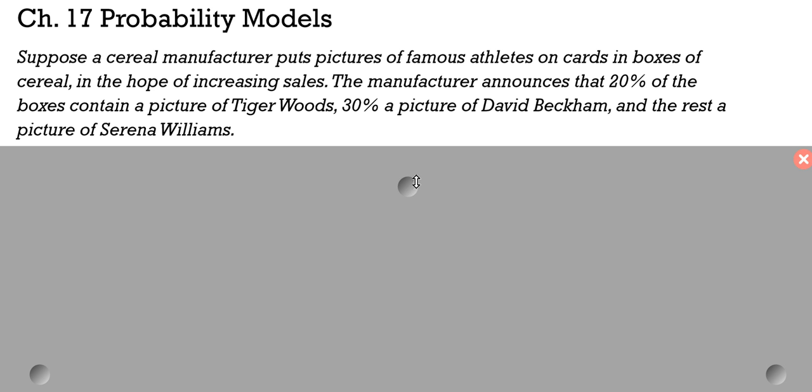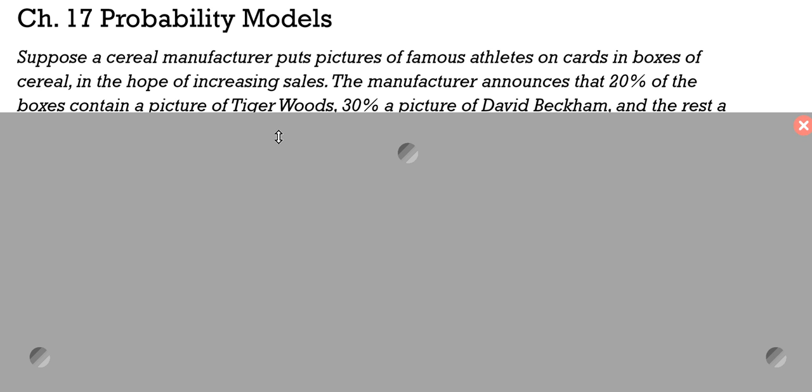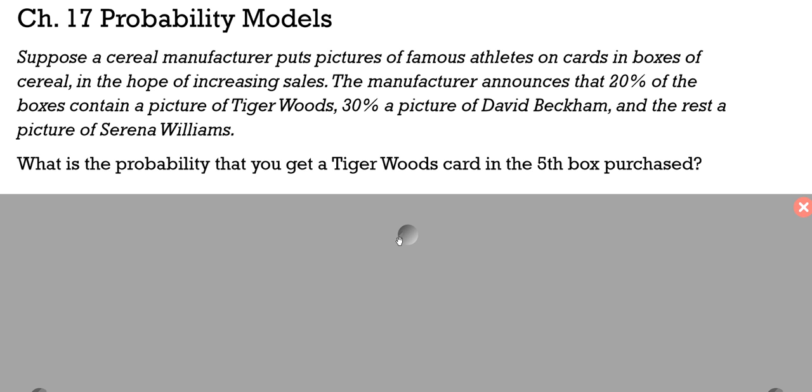The types of questions we're going to be answering look like this: what's the probability that you get a Tiger Woods card on the 5th box purchased? Well, based on what we already know, we've already answered these types of questions. We know that the probability of getting a Tiger Woods card is 20%.